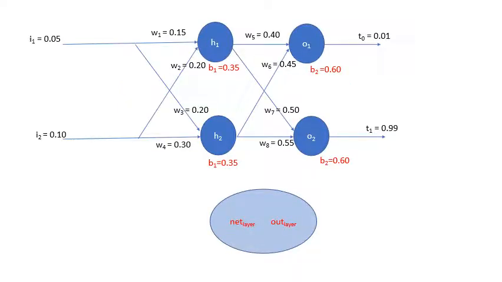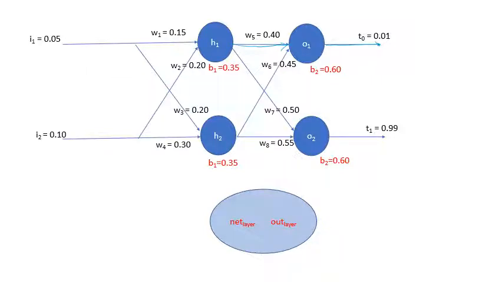So here is the example. This is a neural network which is having two nodes in a hidden layer and two nodes at the output layer, right? So there are edges which are not visible here.